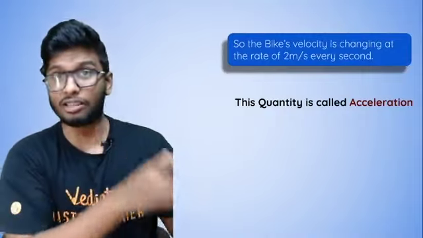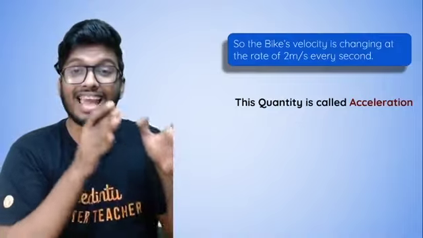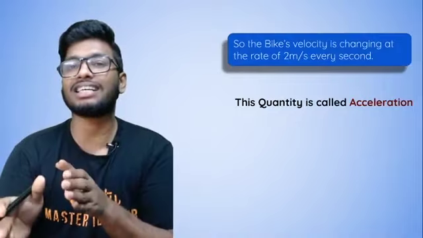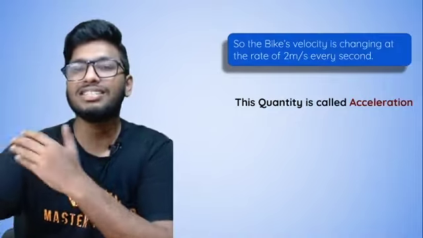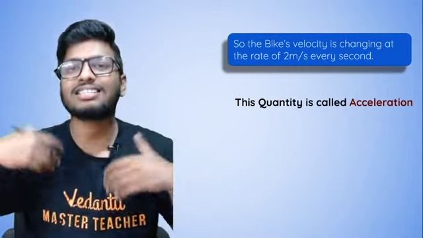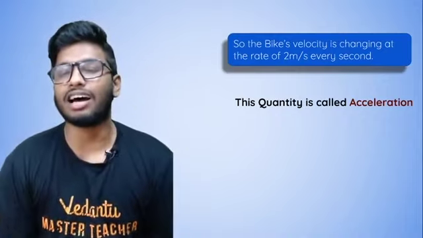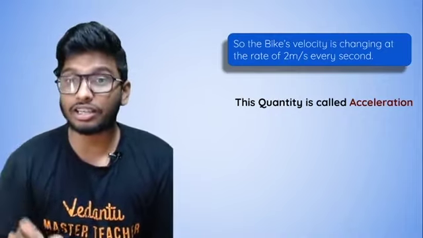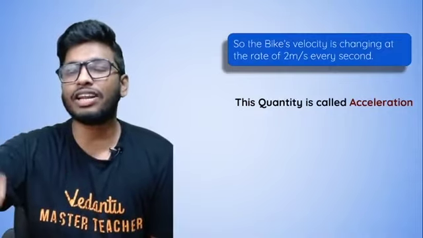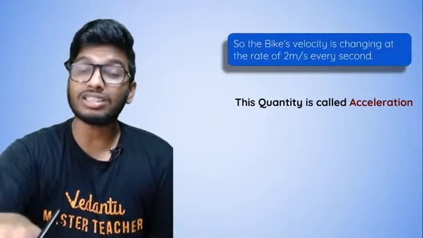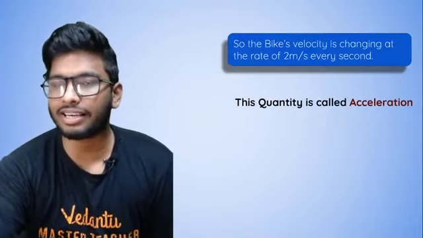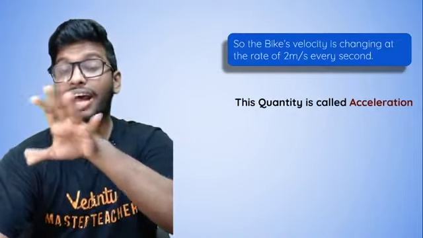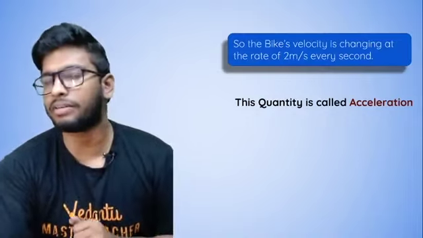So in the previous scenario, the acceleration is 2 meter per second square, because the velocity is constantly changing. You can say that at every 1 second, its velocity is changing by 2 meter per second. If you talk about acceleration, that will be 2 meter per second square.